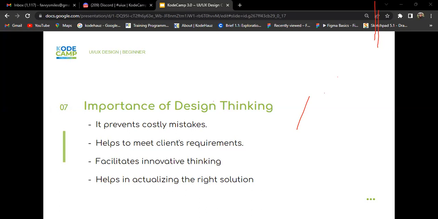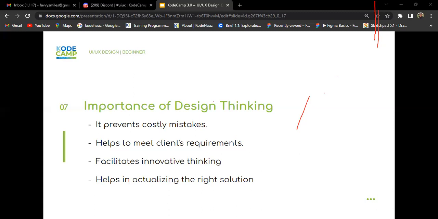The person who goes through the design thinking process has a lot of advantage, because that person actually understands the users. So there's a 99% chance that this person is going to give the users what they actually want.